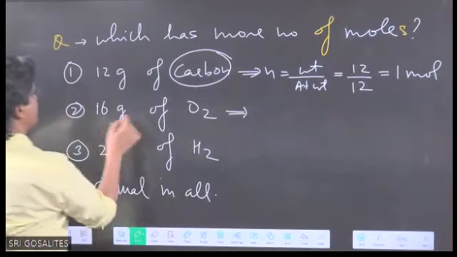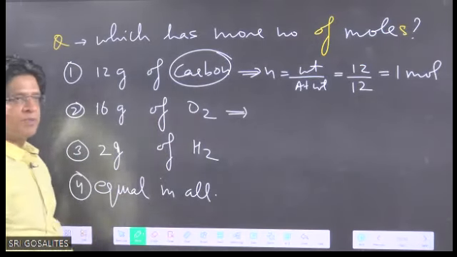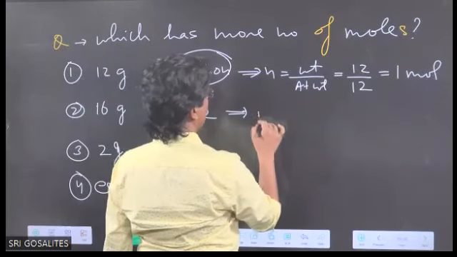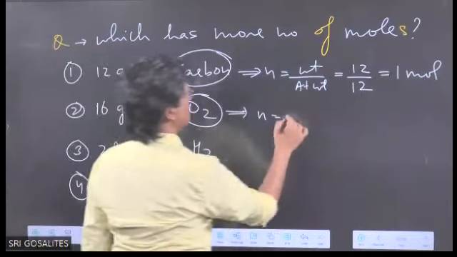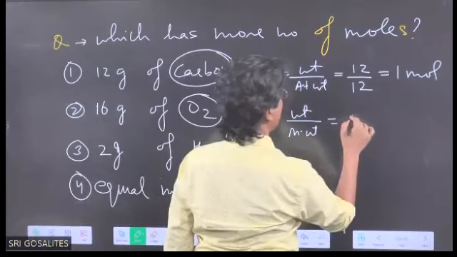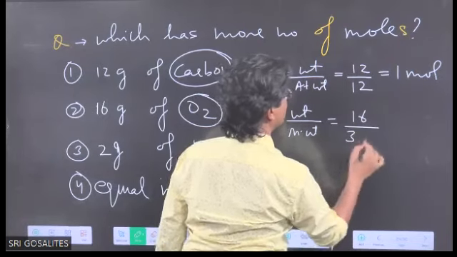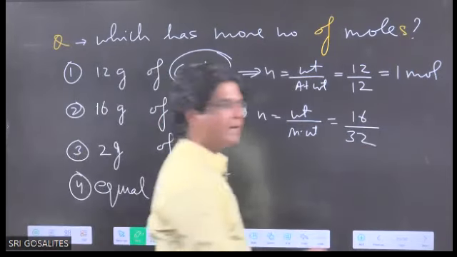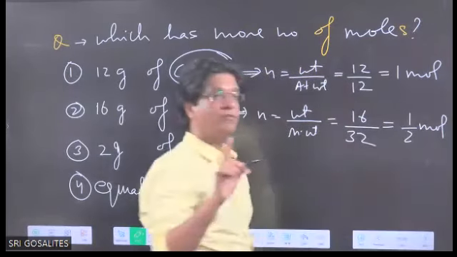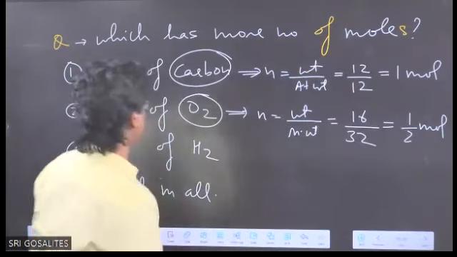Come on now. 16 gram of O2. So number of moles. O2 is a molecule, so it will be weight upon molecular weight. Weight is 16 and molecular weight is 32. That will be equal to half mole of O2.